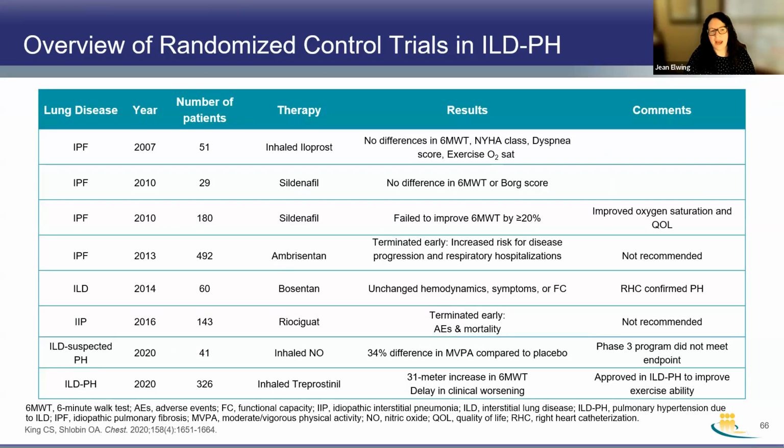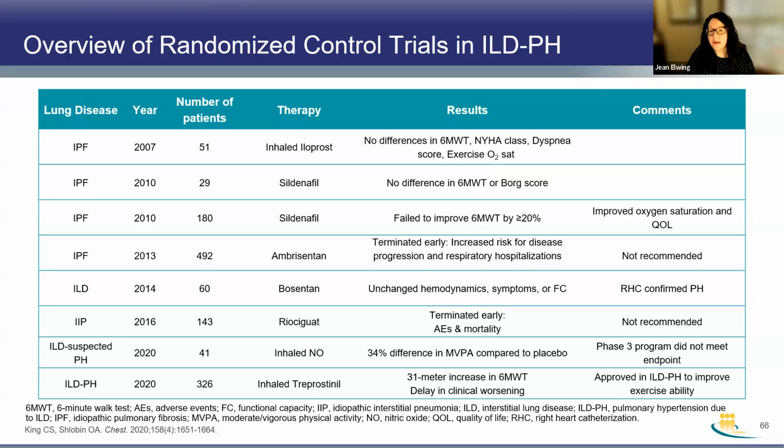So what have we looked at in the past? Starting in 2007, looking at IPF and iloprost did not hit the primary endpoints of 6-minute walk distance and did not change functional class, dyspnea, or oxygen saturations. We looked at sildenafil with IPF several times and did not meet our primary endpoint.